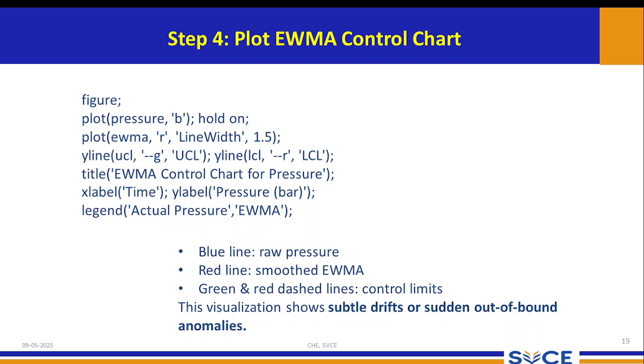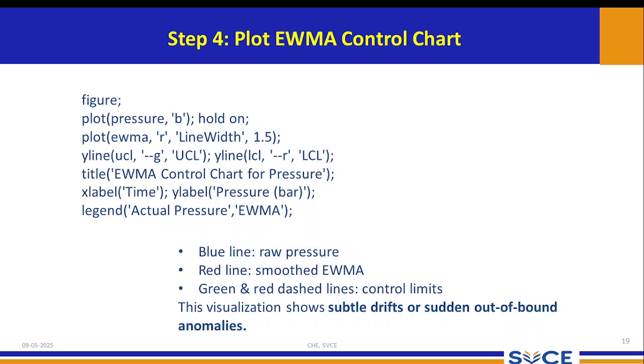Then we plot the exponentially weighted moving average control chart. How to plot? By using MATLAB code. Plot pressure versus time, with x label time and y label pressure. The legend shows the actual pressure and the EWMA. We give color lines: hyphen r means red color, hyphen g means green color.